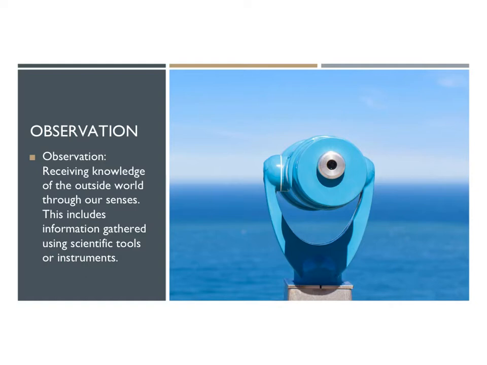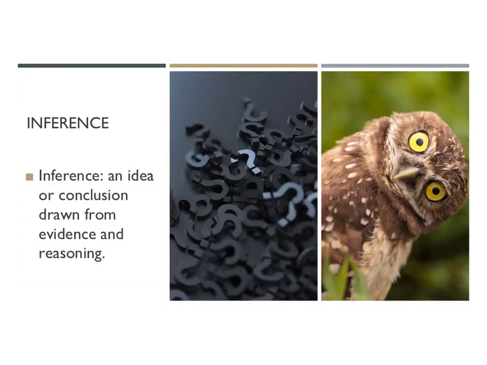So again, observations are whatever knowledge we can gather by only using our senses. An inference, on the other hand, doesn't use your senses. It's some sort of conclusion that you can draw from evidence or reasoning based off of your observations.